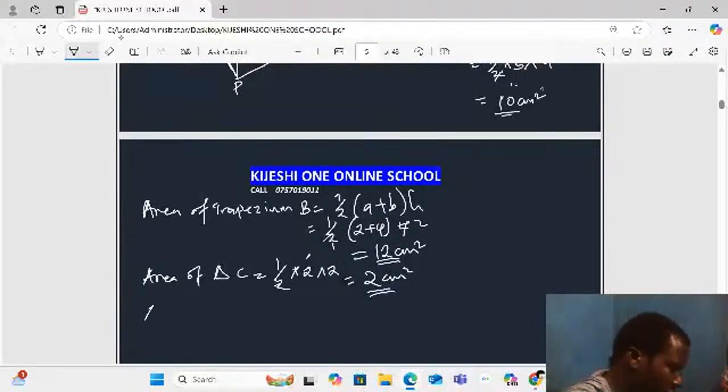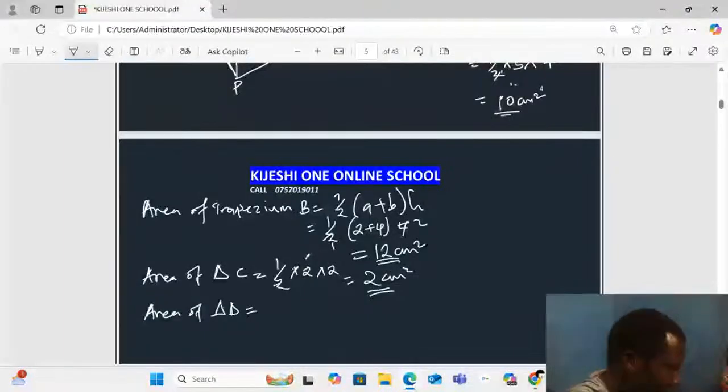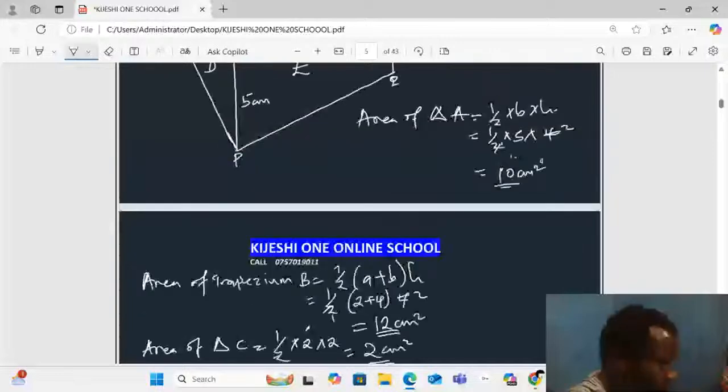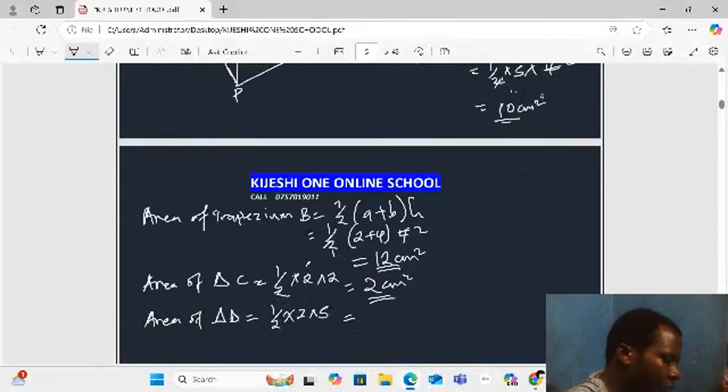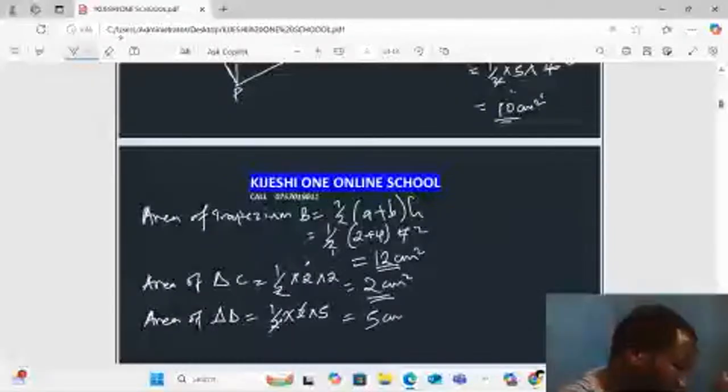Then area of triangle D: half times base, which is 2, and our answer becomes 5 square centimeters.